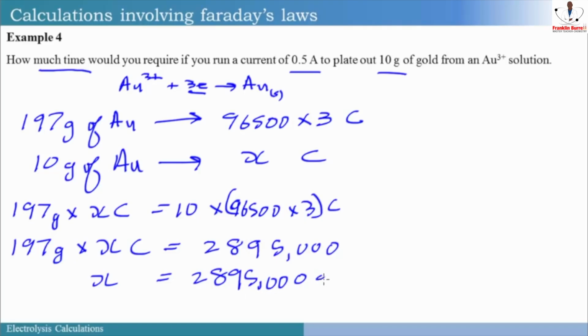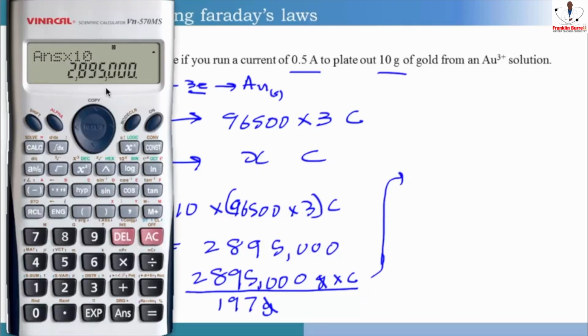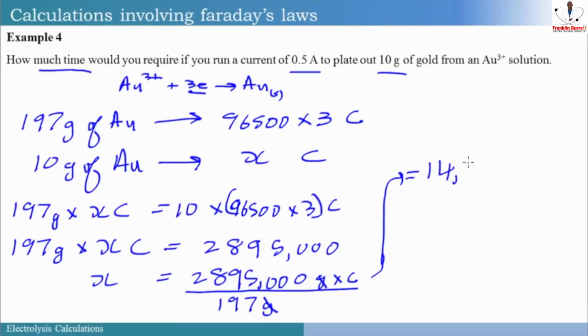Remember our units here? We had grams and we had coulombs. And we would divide that now by 197 grams. So grams would cancel grams. And so our answer would be X coulomb here. So that value divided by 197 would be equal to 14,695.43 coulombs. So this is the Q we are interested in now.